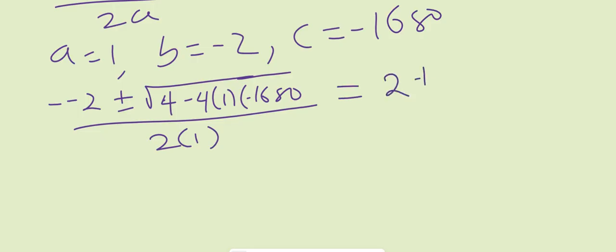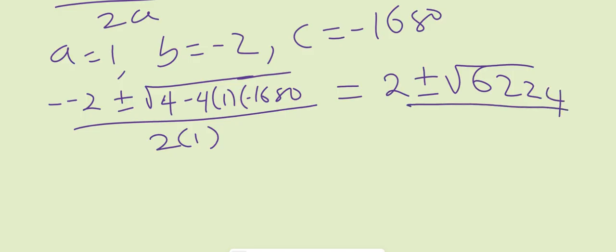That's 2 plus or minus the square root of, using your calculator to expand that, 4 plus 6720, that's 6724. The square root of 6724 gives 82.